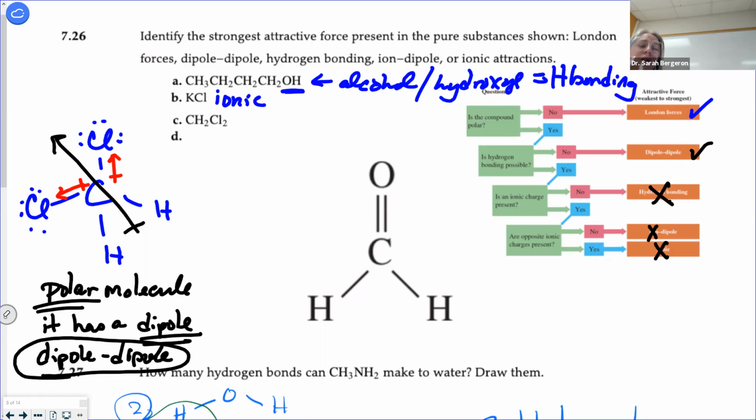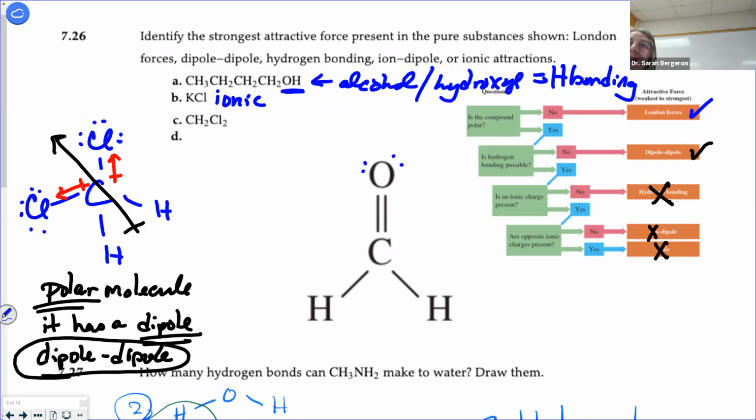The last one. What do we have? What is that? Carbonyl, right? Carbon double bound to an oxygen. So that oxygen has 2 lone pairs on it, right? Do we have an electronegativity difference between oxygen and carbon?